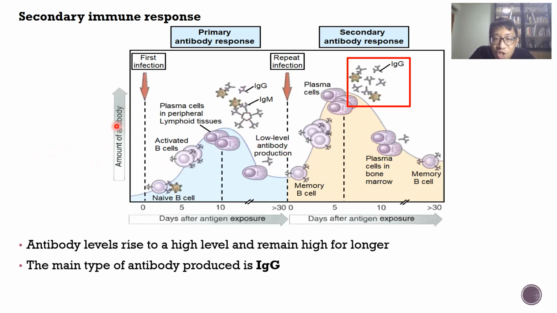So instead of IgM, the plasma cells formed from the memory B cells would already be able to produce a different class of antibodies.